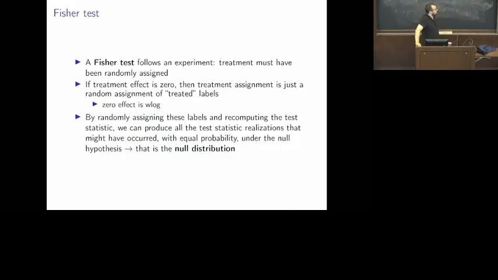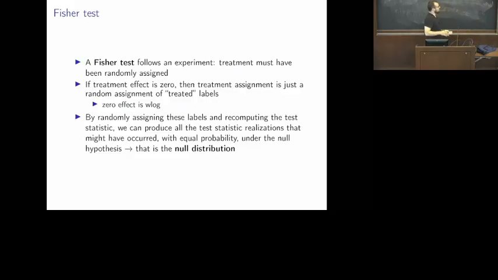Okay, Fisher test. We thought of our randomization inference as acting upon observational data. The Fisher test follows an experiment. Treatment must have been randomly assigned. In a sense, that's the only source of randomness, because we think of people's counterfactual outcomes as fixed, or at least conditioned upon.